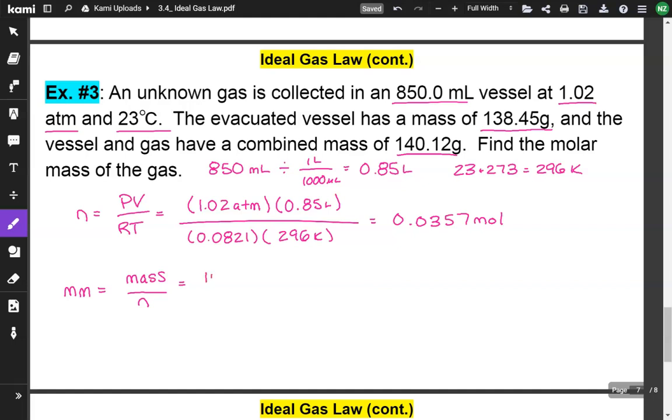So it's going to be 140.12, that's the mass of the vessel and the gas, minus the empty vessel, which is 138.45, over the number of moles we just solved for. And here we get 46.8 grams per mole.